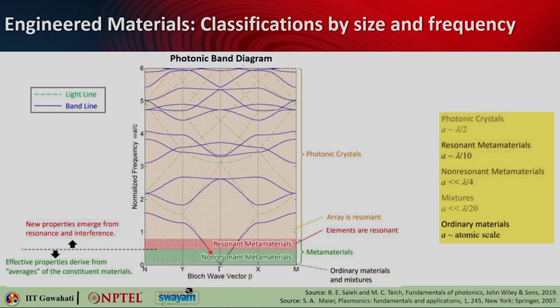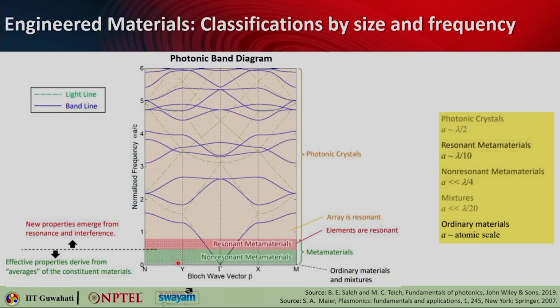So until this region, light is not able to see the lattice separately. This is where the photonic crystal effects will come in. Before that, light actually sees everything like an averaged out property.